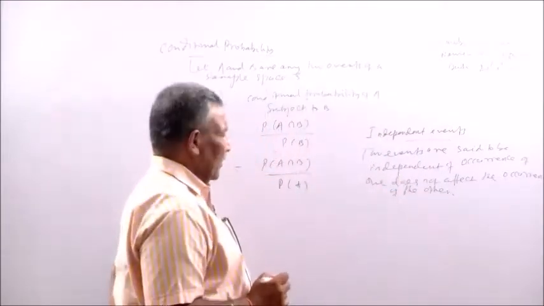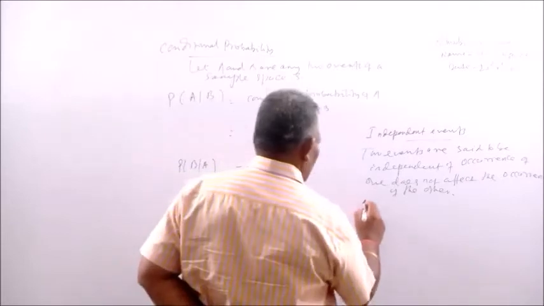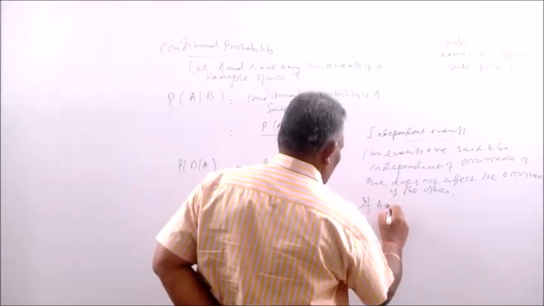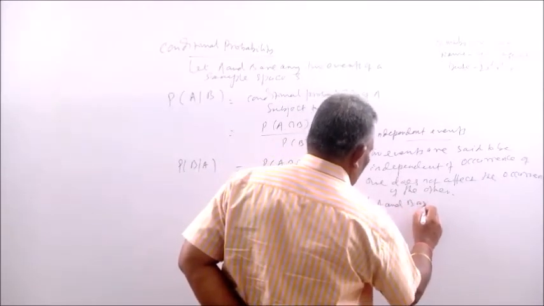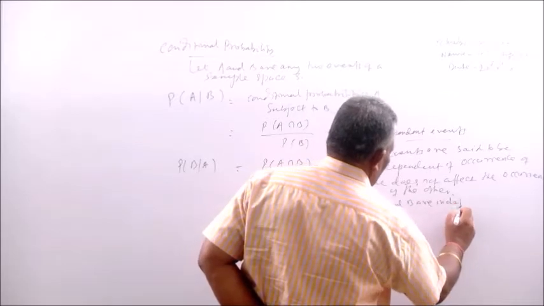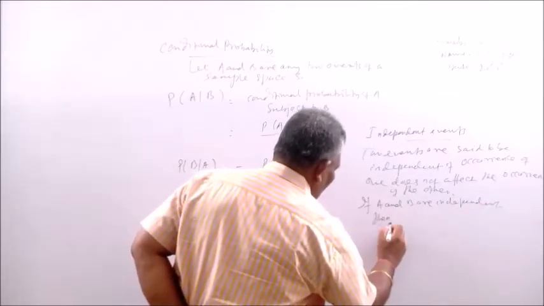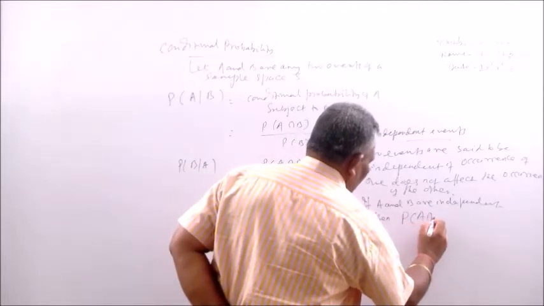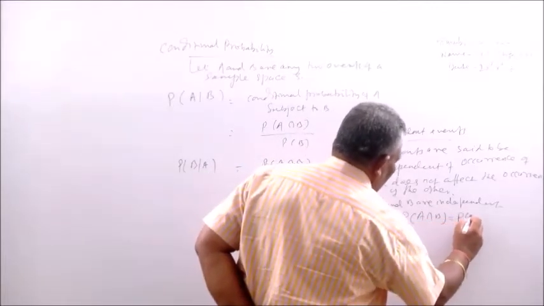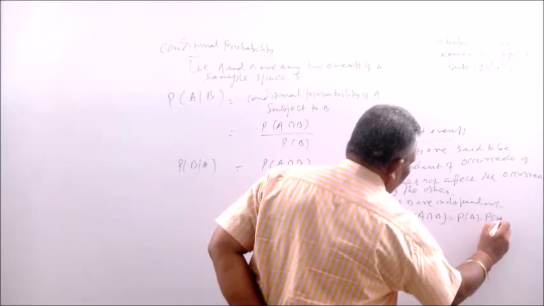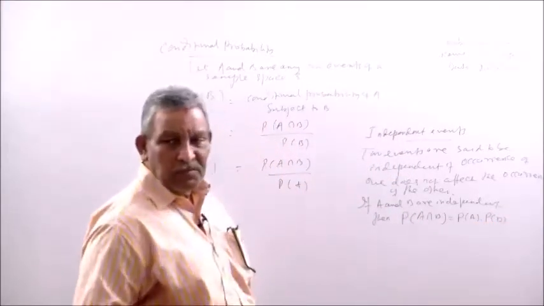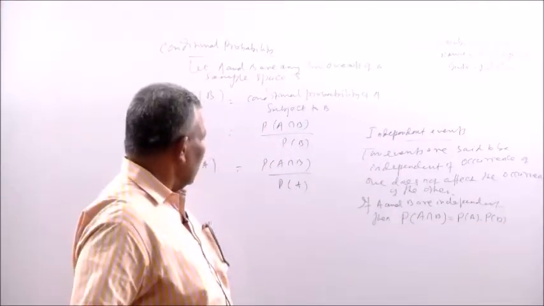So if A and B are independent, then we have P(A intersection B) equals P(A) into P(B). That means their corresponding probabilities will be multiplied.